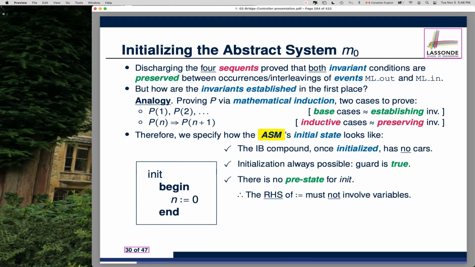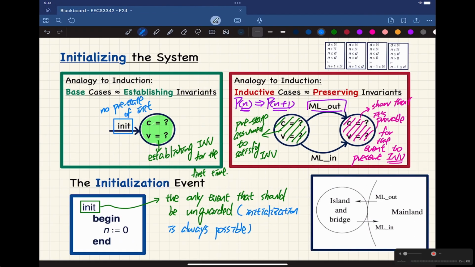And the next one: it must not involve variables. Whenever you see the right-hand side over here for the inits, this must be constants, always constant. On the other hand, if you say n is initialized to be n plus 1, this is wrong.